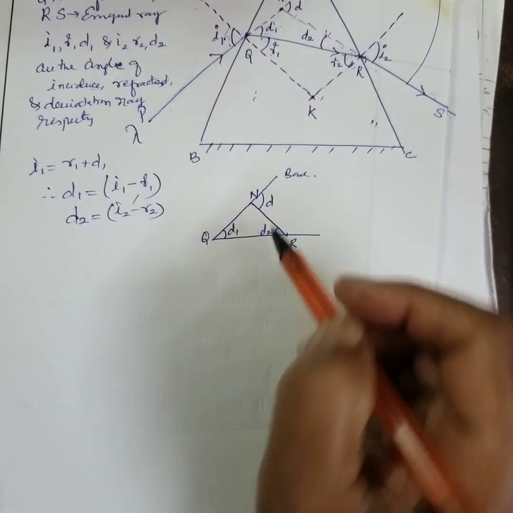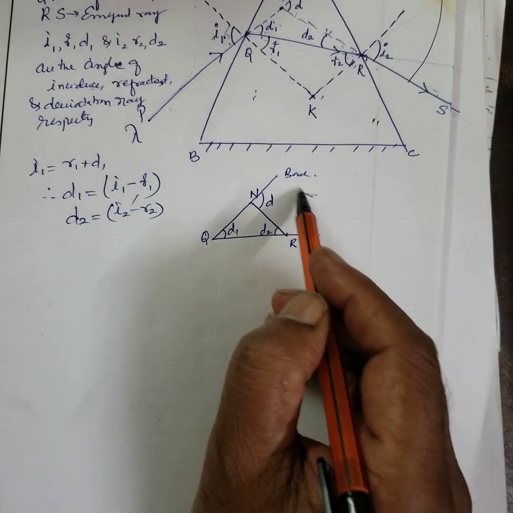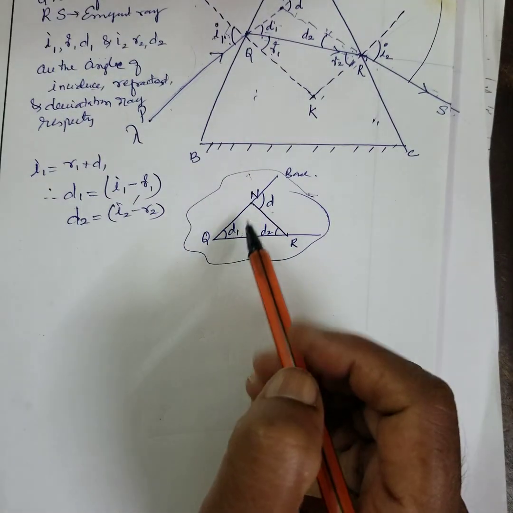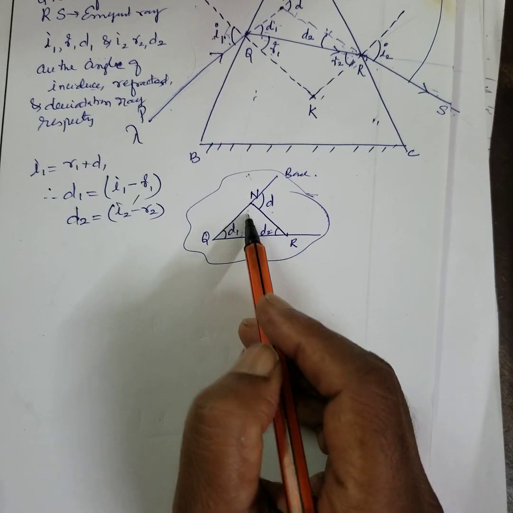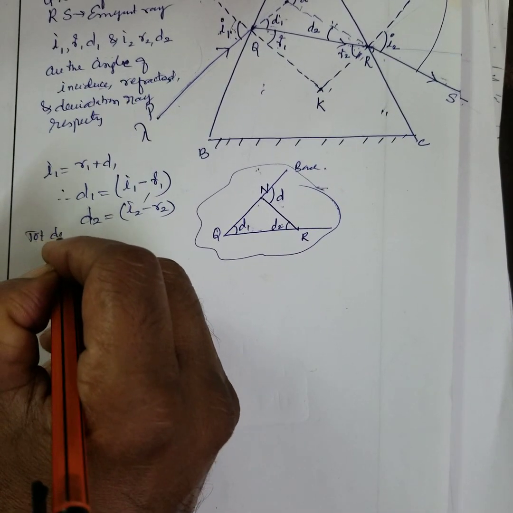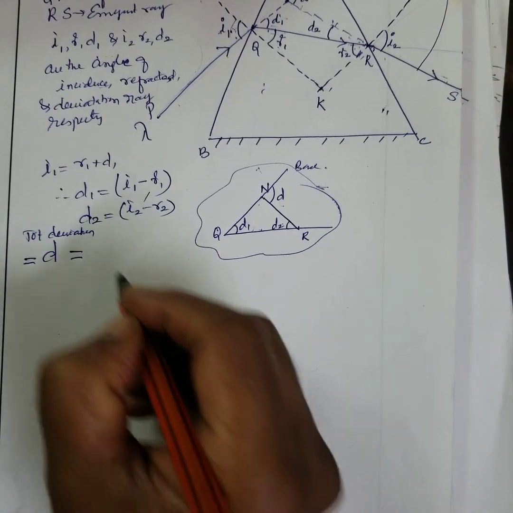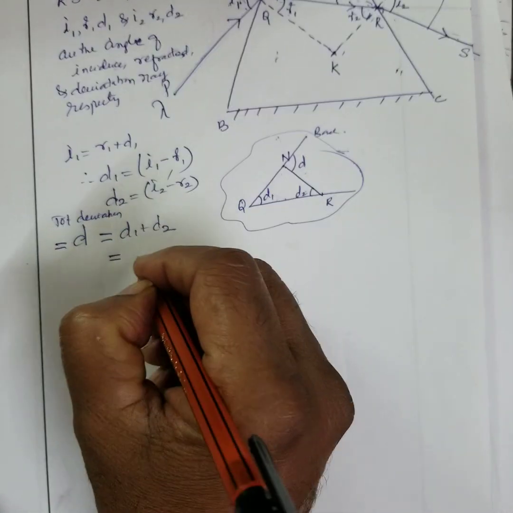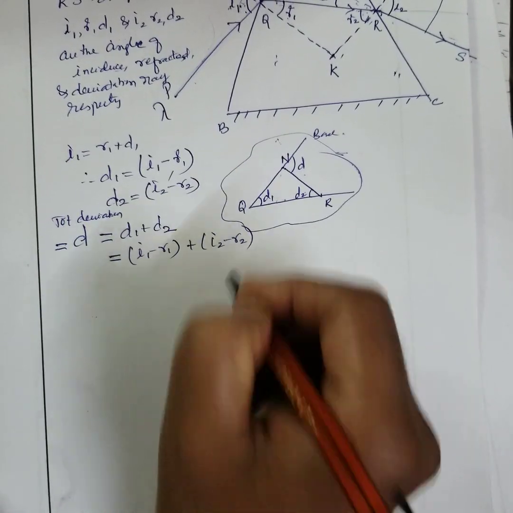Exterior angle is equal to the sum of the interior opposite angles. You remember this; you need not show it in the examination. Therefore, the total deviation D is equal to D1 plus D2, which is I1 minus R1 plus I2 minus R2.